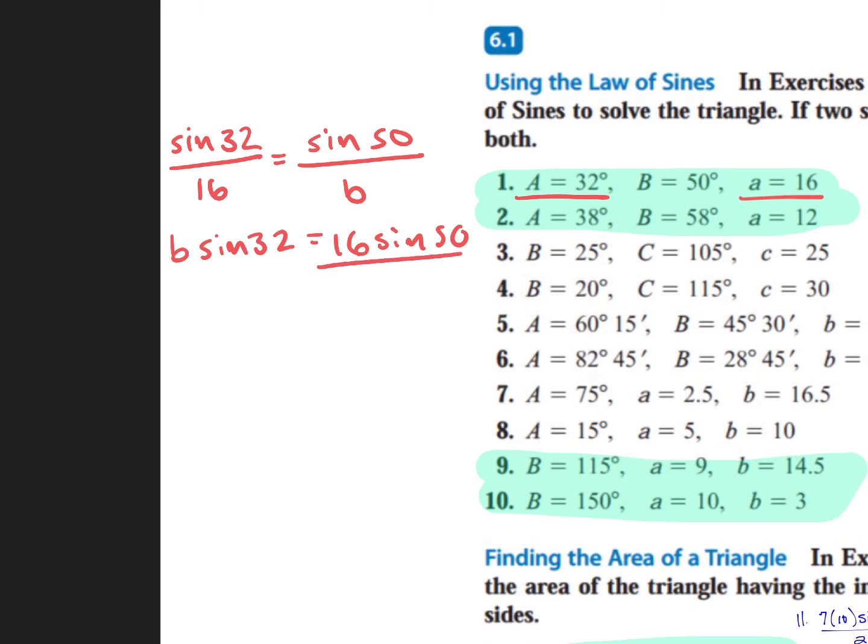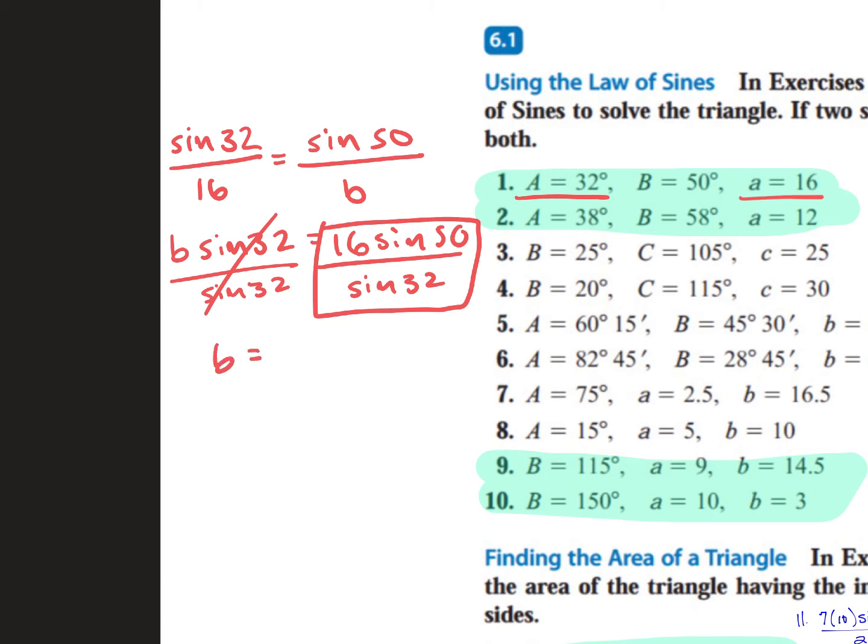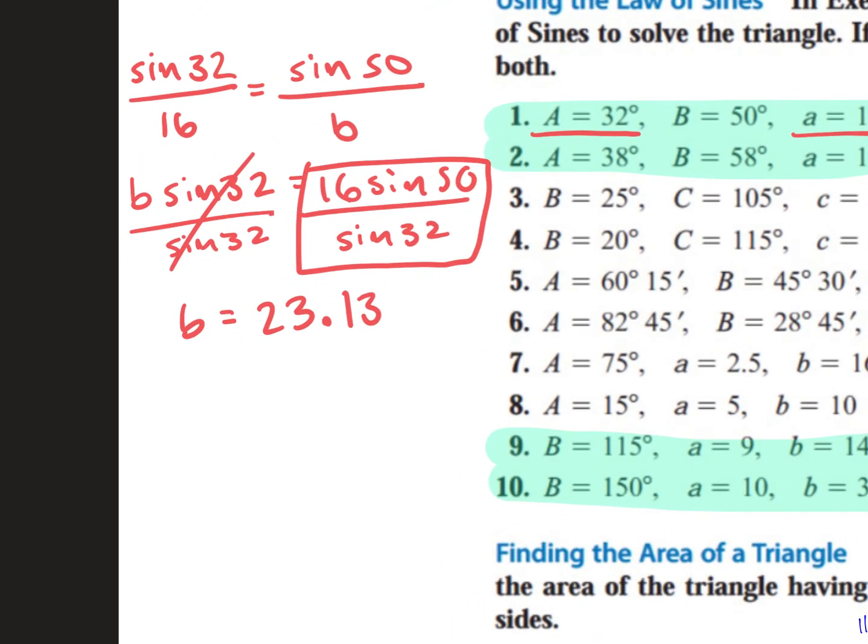And then I'm going to divide by sine of 32. So then B is just going to be whatever this is in the calculator. So we should get 23.129, so I'll say 23.13. It doesn't give us any units, so we can just leave it like that. So that's side B.